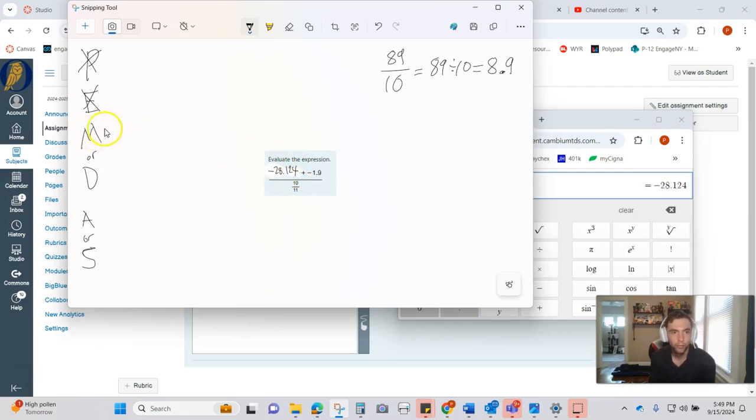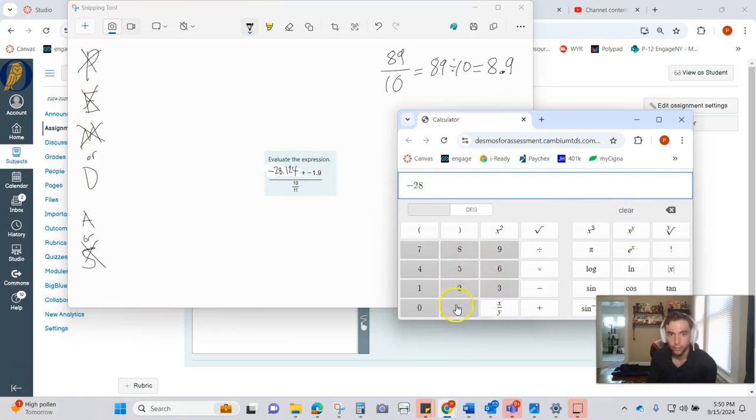Then, we finished all the multiplying. I don't see any more of that. I do see dividing, but remember, because these are on top of the fraction, it's kind of like there's parentheses here. So let's add. I also, while we're here, don't see any subtracting. So let's add these numbers since they're both on top of the fraction together.